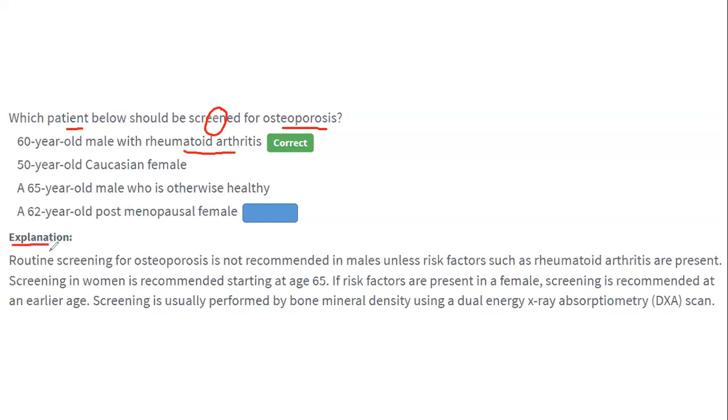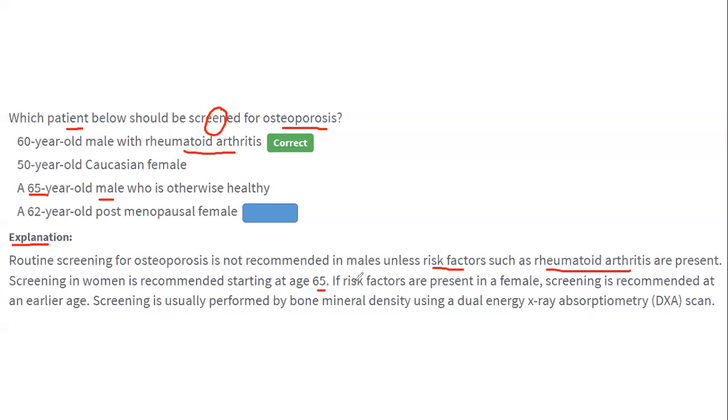So the explanation said, routine scanning for osteoporosis is not recommended in men unless risk factors such as rheumatoid arthritis are present. Women are recommended to be scanned starting at the age of 65. In this question, we do not see a 65-year-old woman, but men.